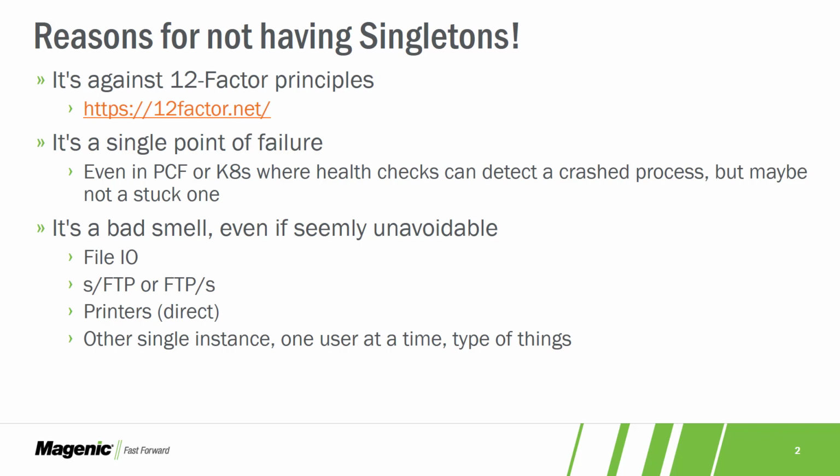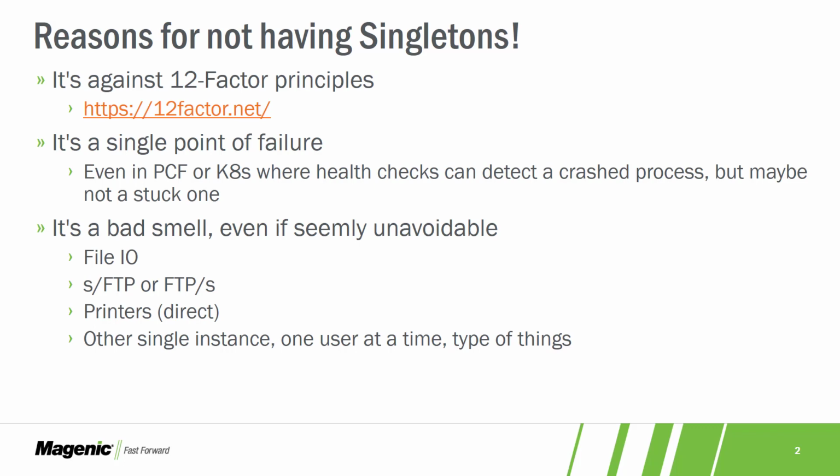There are lots of singleton examples in the universe of the Internet of Things and any other kinds of hardware interfaces. And of course, the one that developers deal with every day is file I/O, and that includes file transfer protocol or anything like it.